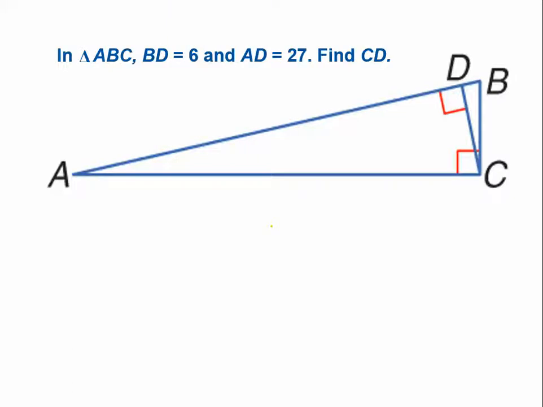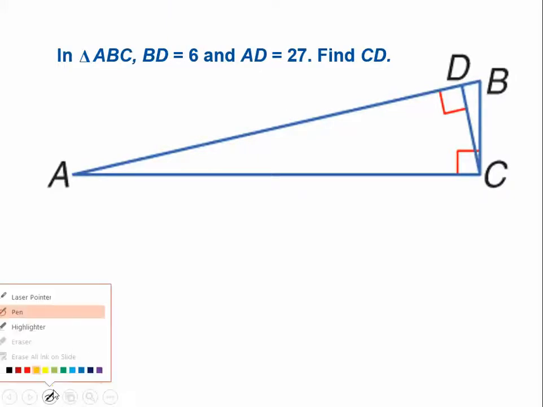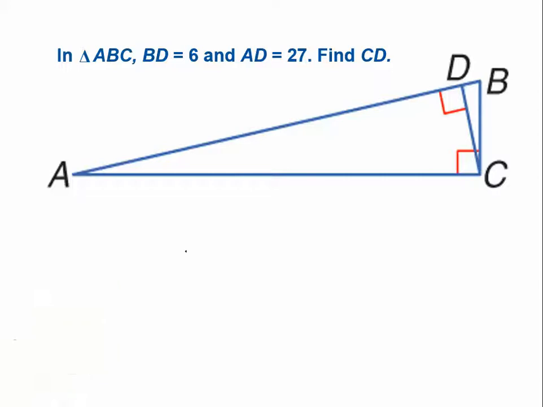Okay, so let's do an example here. Plug in the numbers that are given to us. If I know that BD, again, mark up your drawing, BD is 6. That's this little bitty sliver right here. And then AD, this big old long thing, is 27. Okay, well, that's my two parts of my hypotenuse. See how my altitude is coming from, I'm going to look for this right angle box.